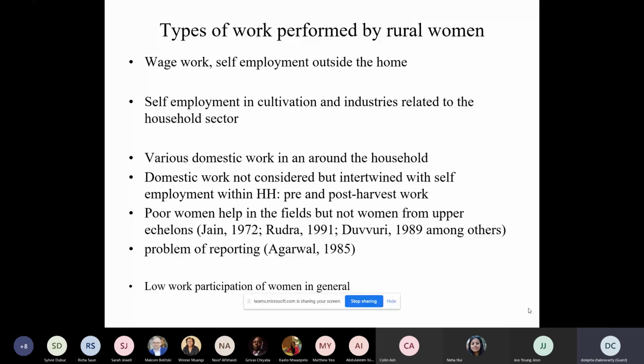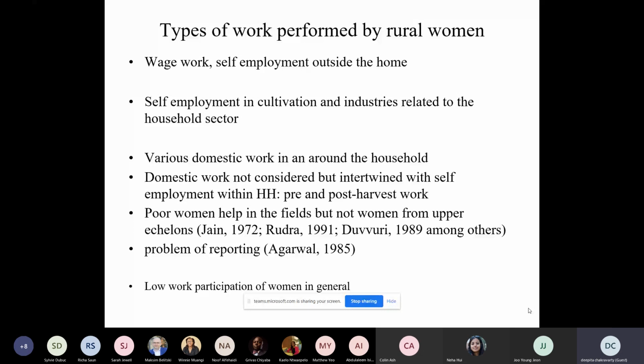But all this work, in most cases, is intertwined with her household chores. And as a result, even though she is working quite closely with the production related work of the household economy, her work is not enumerated.